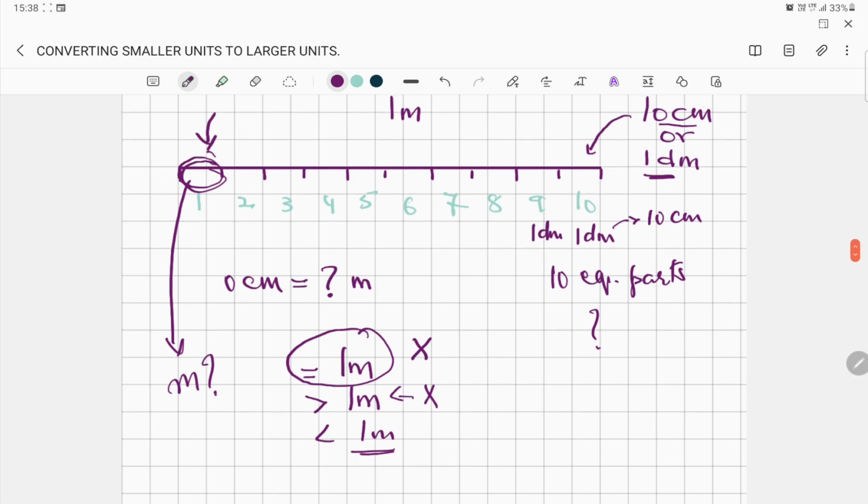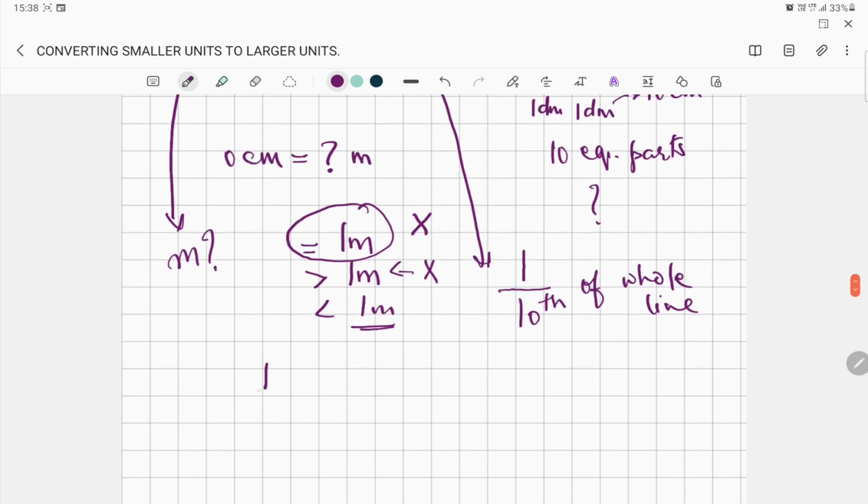That way is to write that each part, you can take any of the parts, is the 10th part of the whole line. Right? So you can also write each part as 1 by 10 meters, because the line is divided into 10 parts and each part is the 10th part of the 1 meter, right?